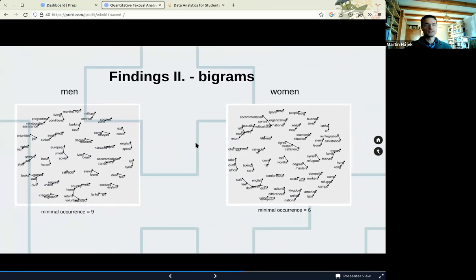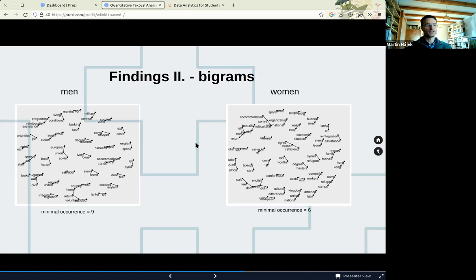Let's move to the higher level of complexity, to bigrams, and we have two pictures. It's not a table of bigrams with frequencies. It's like a map picture of them, which I found more interesting because the previous graph was about frequencies.